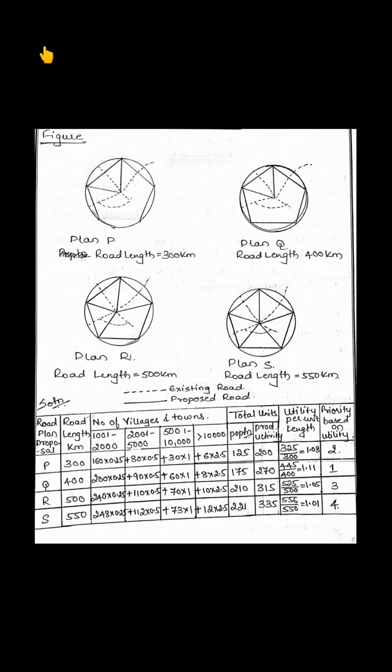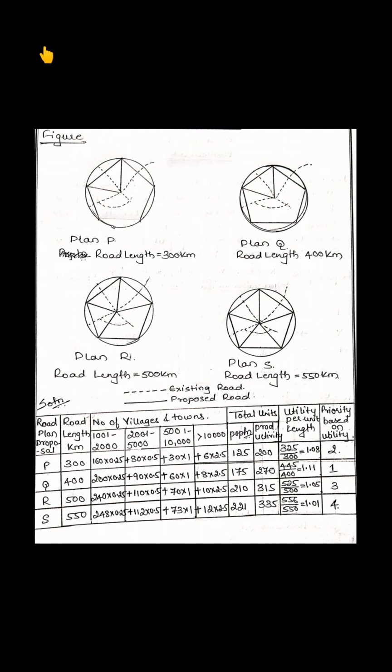For the first proposal P it is 300 kilometer. For plan Q, the existing dotted lines, and what is the proposal? It is 400 kilometer. You can see the difference by comparing plan P and plan Q.